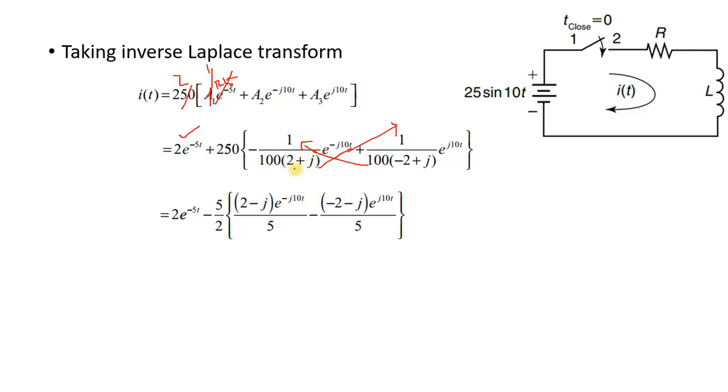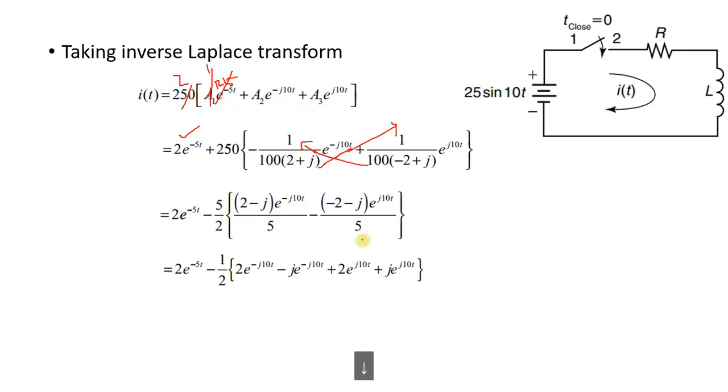Which is nothing but (a plus b)(a minus b), which is equal to a square minus b square. So which is nothing but 5, because here 2 square, j square is equal to minus 1, and minus of minus should be plus, so it should be equal to 5.